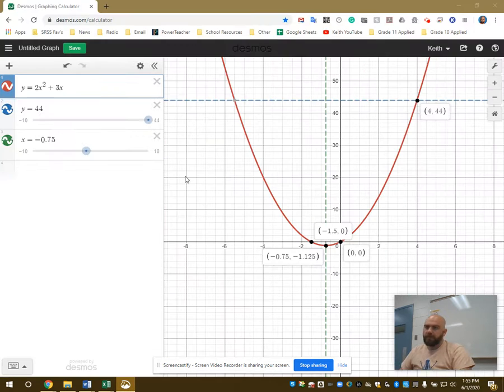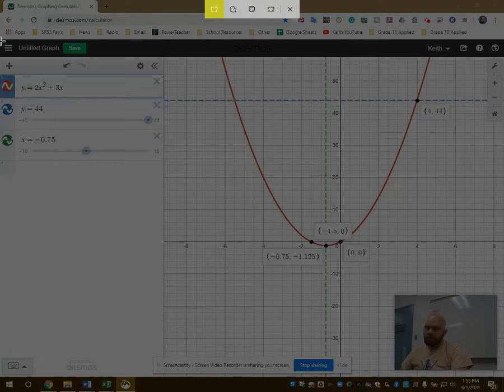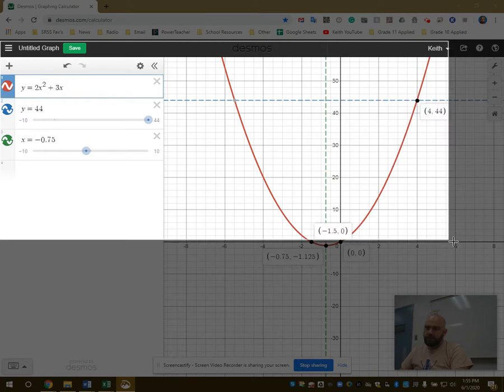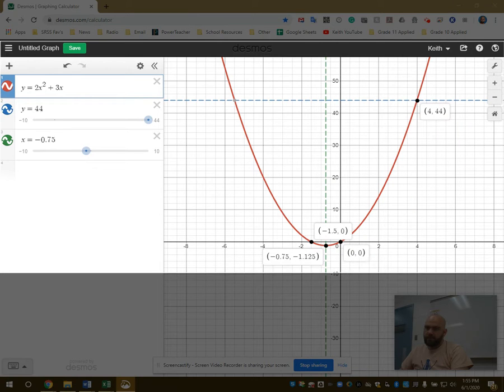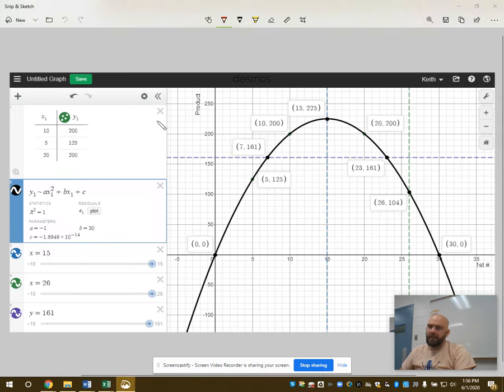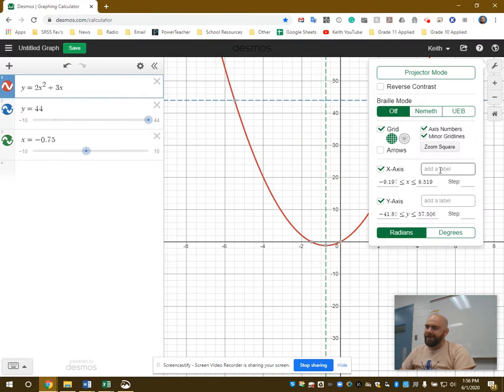So take a new screenshot of this right here. I'm going to make sure I get everything. And I forgot something, didn't I? All right, you reminded me, thank you. X is the width of the rectangle, and y is the area.